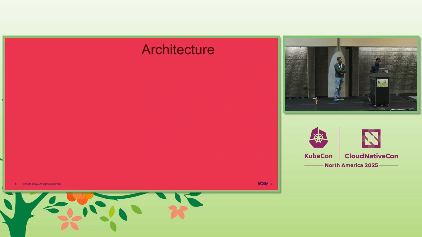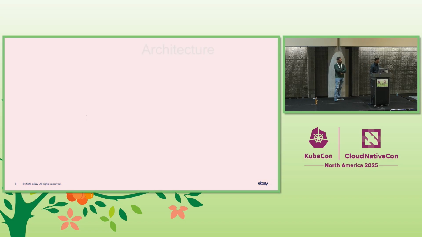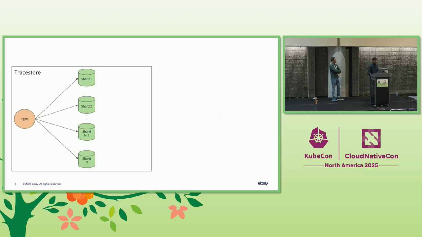So what we ended up doing is we have a trace store where you have OpenTelemetry collectors that are there. They write to an ingest gateway that we have written, and that gets written into shards. So shards, for all practical purposes, are a bunch of ClickHouse pods that form a ClickHouse cluster.